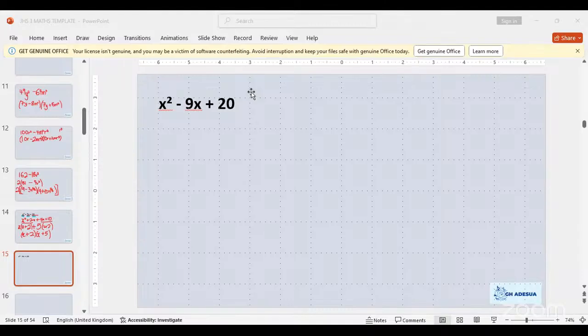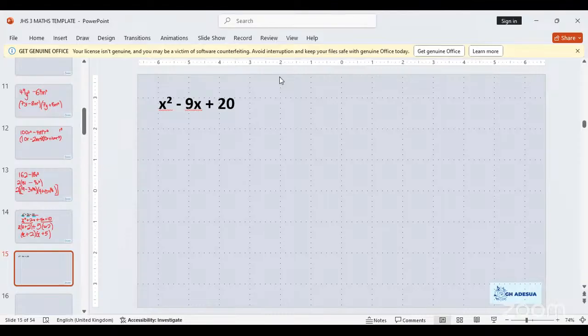I've seen the answers. So let's solve it together. Now we have x squared minus 9x plus 20. We want two numbers which, when added, will give us negative 9, and when multiplied will give us 20.